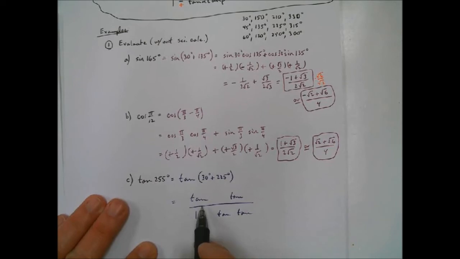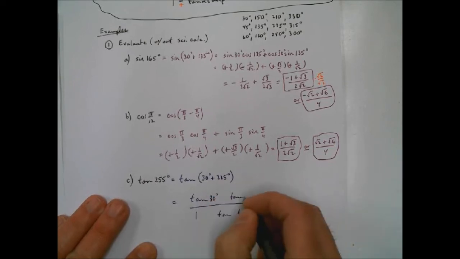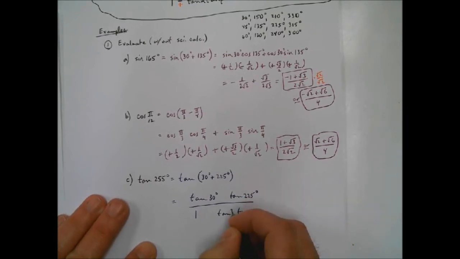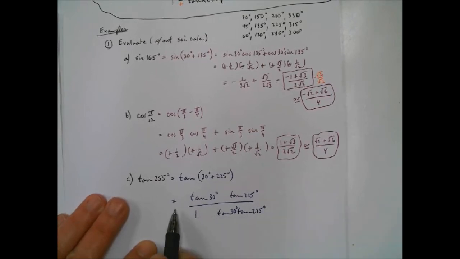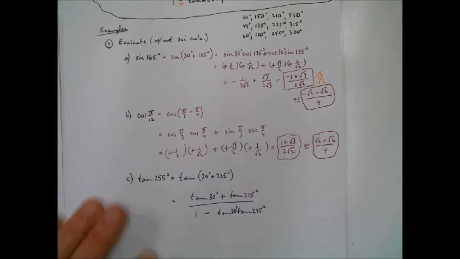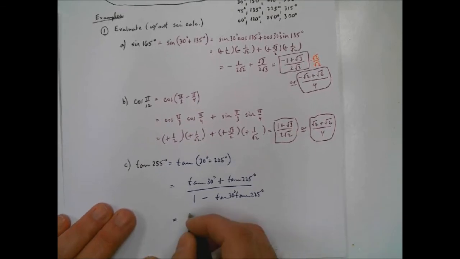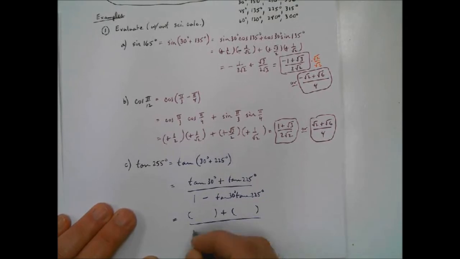Okay, and again, alpha, beta, so 30 degrees, 225 degrees, 30 degrees, 225 degrees, and then same over change. So there's a plus here, so same over change. Okay, so we've got parentheses here. I'm going to be filling in each one of those angles.